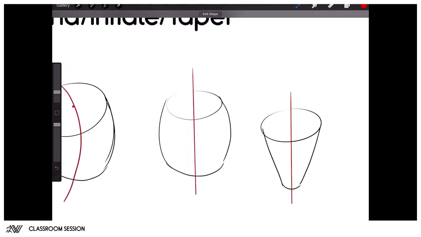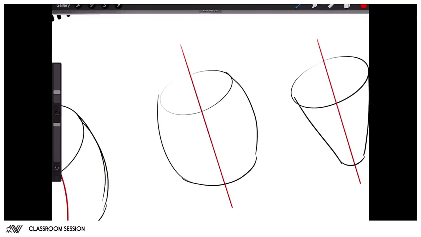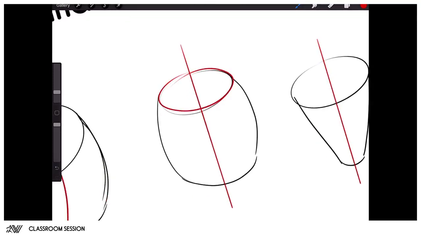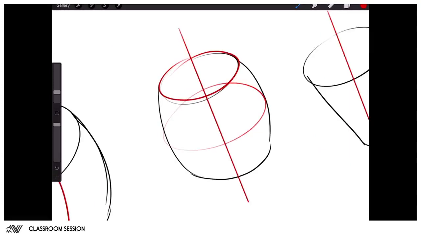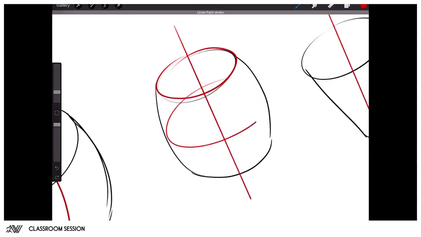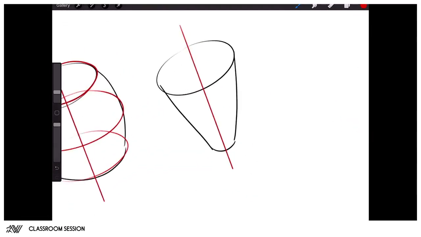So what basically happens with these simple inflations is that instead of having this contour line, we're enlarging part of the contour of that cylinder, right? And with the taper, we're doing the reverse, right? We're making the contour smaller.